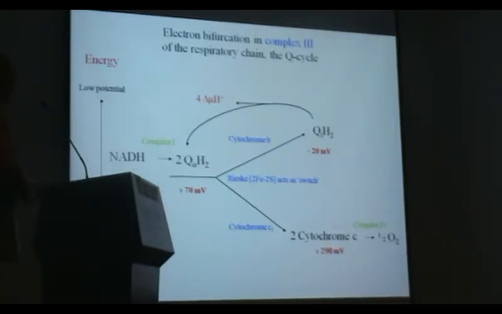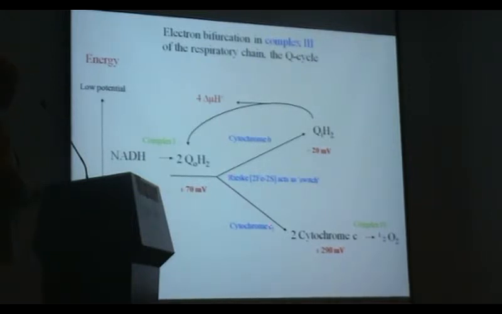Here the Rieske iron sulfur cluster acts as a switch. It prevents both electrons from going to the easier, more positive side. Here you see this electron bifurcation comes from the Q cycle.